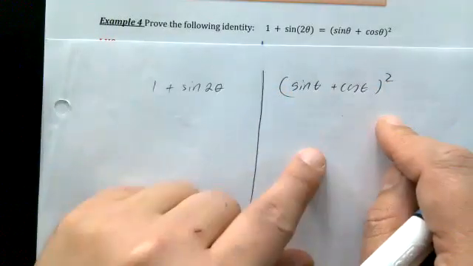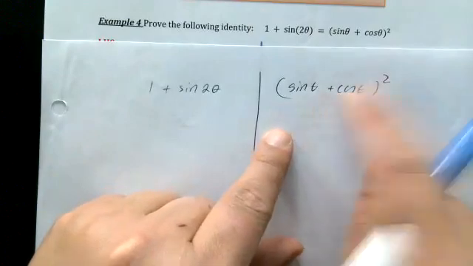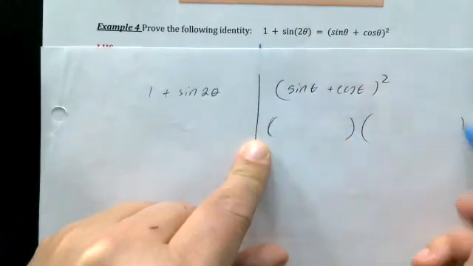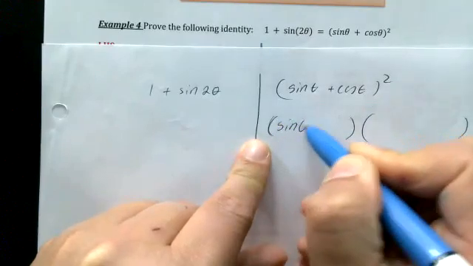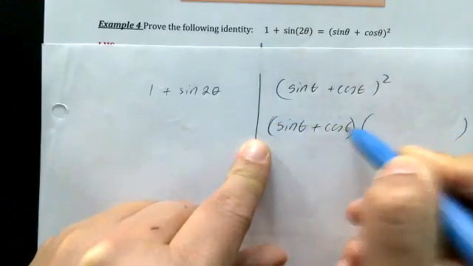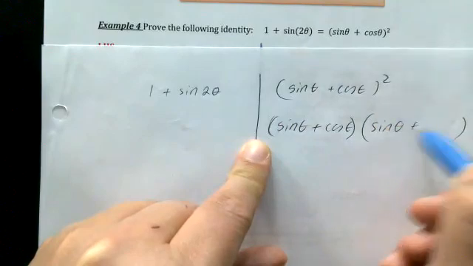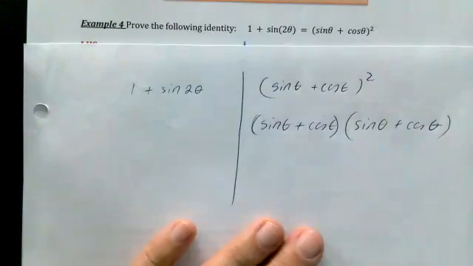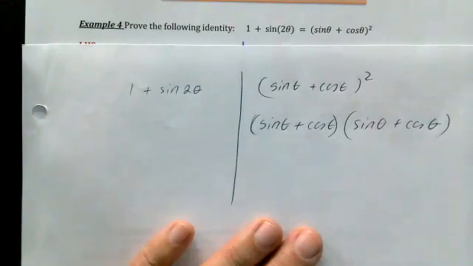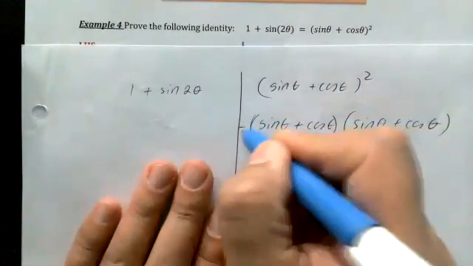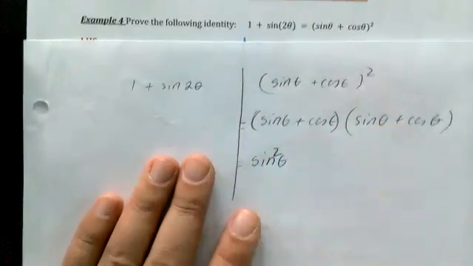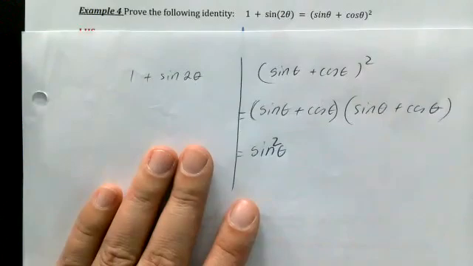I'll see what happens. Now, attention with the squaring, because squaring a binomial means you have to do distribution. So don't forget about that. That's what it means, right? If you open that square up, it means you have to multiply that bracket by itself. Right? So now foiling it, you have sine of theta times sine of theta, which is making it sine squared theta.